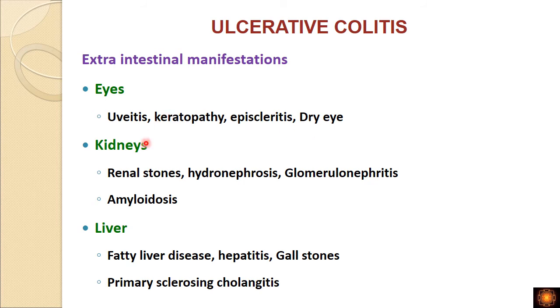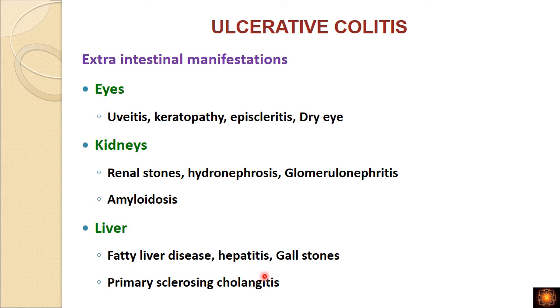And in the kidneys, the patient may have renal stones, hydronephrosis, glomerulonephritis and amyloidosis. Most of these things are because of the treatment the patient is receiving. Once you stop the treatment, this can revert back also. And in the liver, we have fatty liver disease, hepatitis, gallstones and primary sclerosing cholangitis.